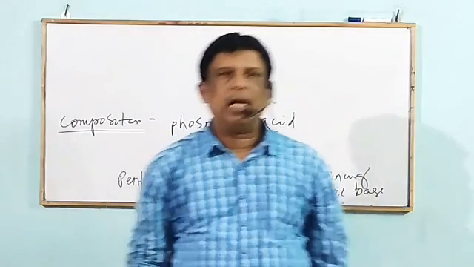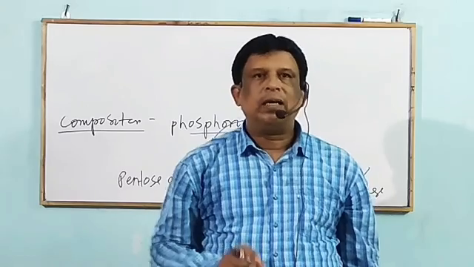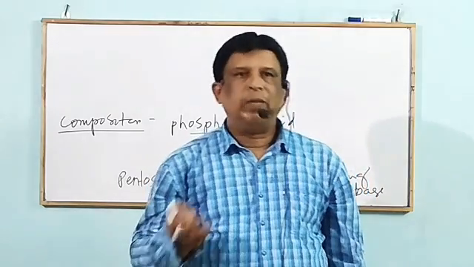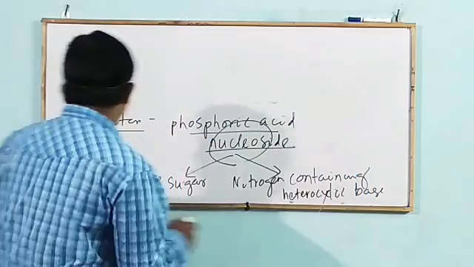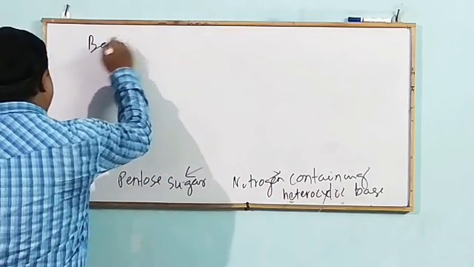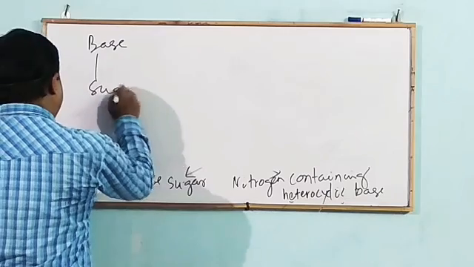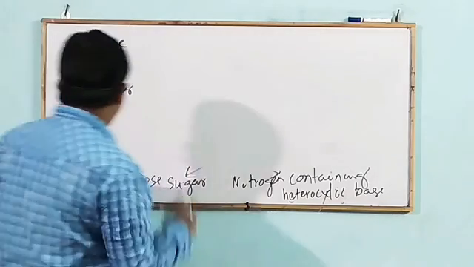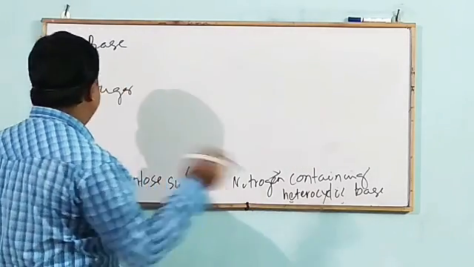Hence, in general, a nucleotide and a nucleic acid can be represented as follows. Two structures are there, one for nucleotide and one for nucleic acid.